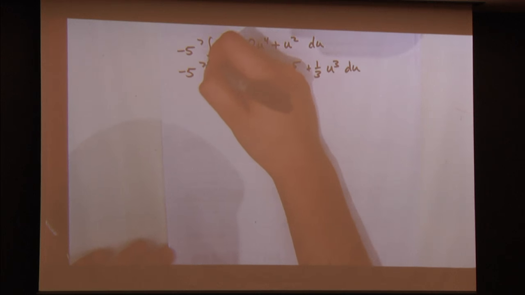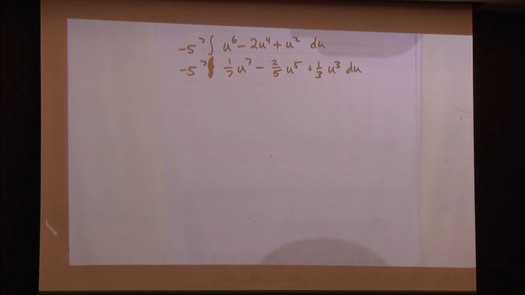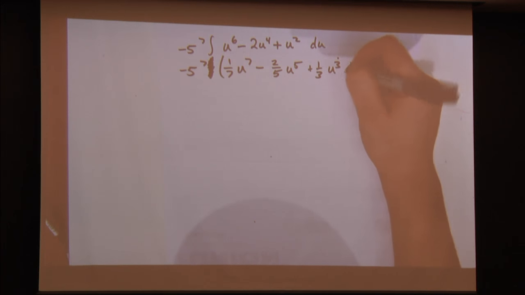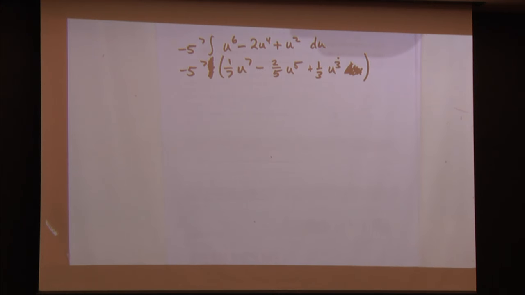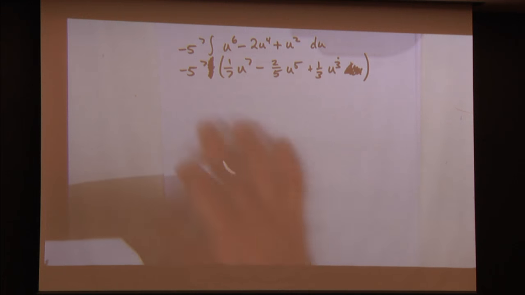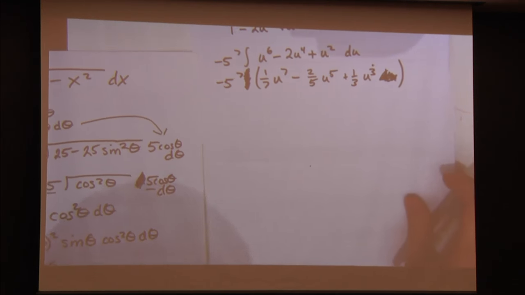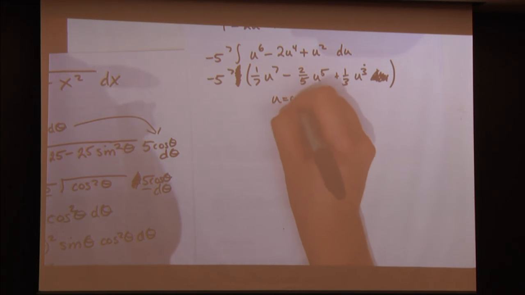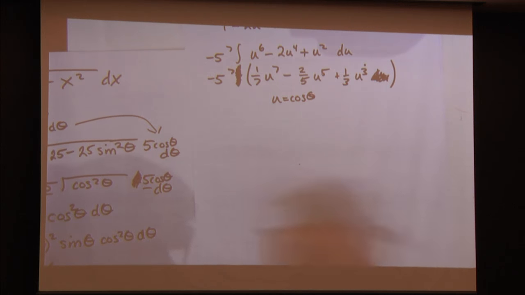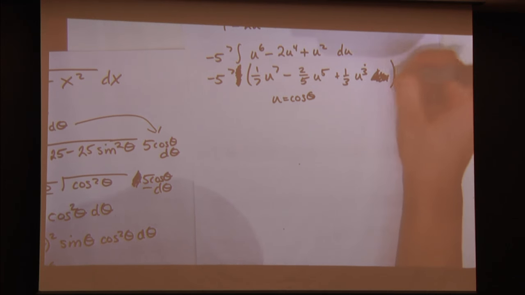And then this integral doesn't belong. Parentheses, the d doesn't belong. Okay. I actually need this paper though to figure out what this theta and x's are. Did I do something else wrong? We're good. Okay, so u is equal to cosine theta. Okay.